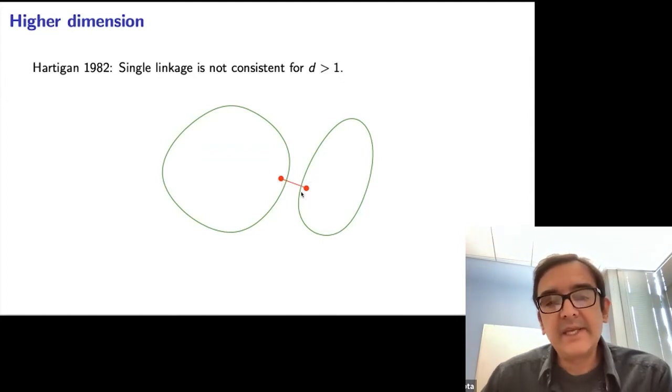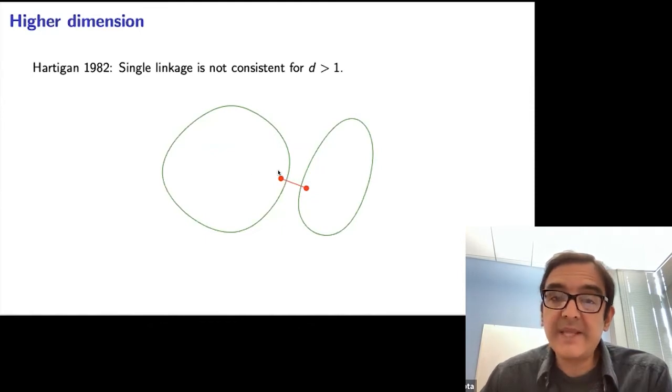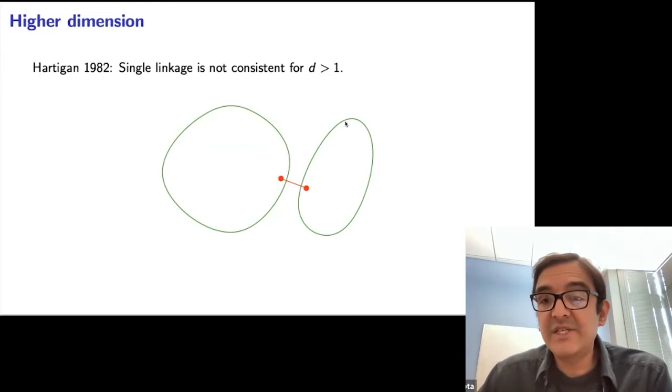But in the single linkage procedure, if there is one point in A and another point in A prime, and these two points are very close together, then a bridge can be put between them before A becomes connected or before A prime becomes connected. And when the dimension is more than one, these kinds of coincidences are basically inevitable. And so that's the problem.